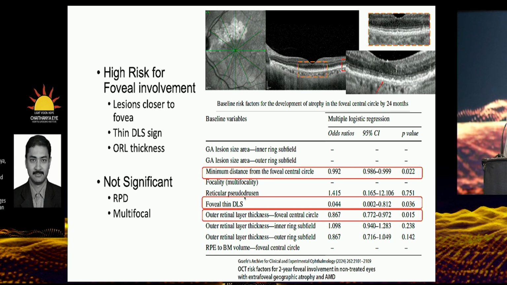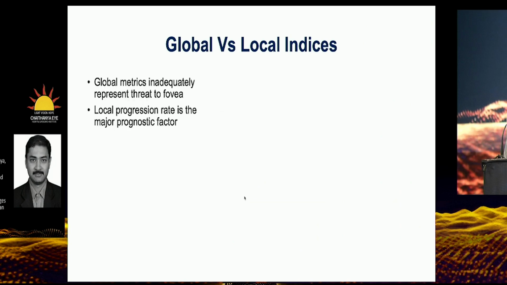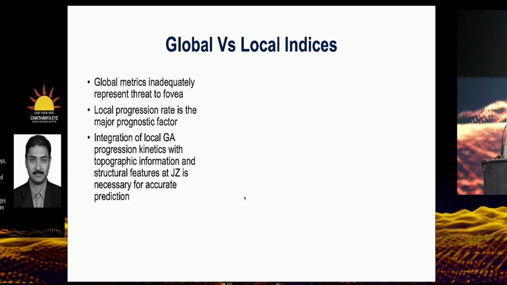Because global metrics do not really convey the information about the threat to the fovea, and that is why local progression rates are important. Now, incorporating the local growth rate of the GA margin towards the fovea, along with the features of the junctional zone, is going to give you a lot more information as to how this lesion is going to behave. And for that, an AI model is necessary, because there are lots of things that you have to calculate.